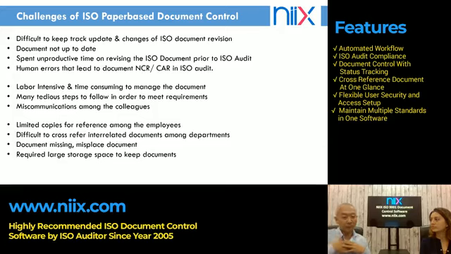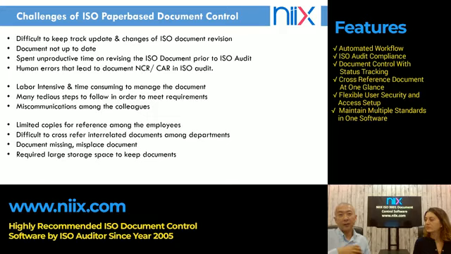Another example would be the sales department procedure might be interrelated with the finance department document as well. So if I'm from the HR department, and I want to refer to a document from, let's say, the procurement department, I may have to go to the procurement department to look for that document. These kinds of things make it so inconvenient to implement ISO.